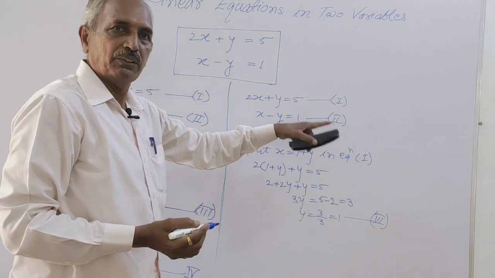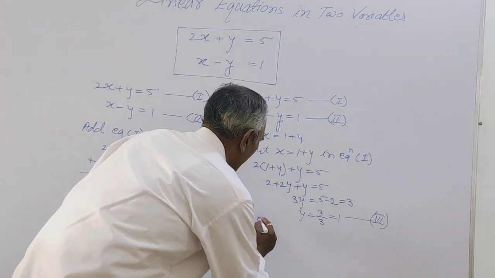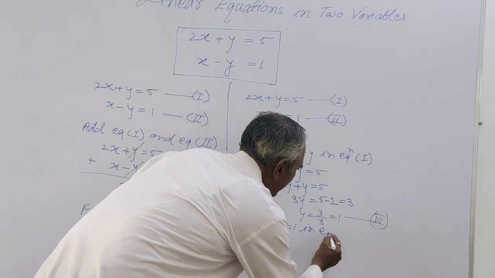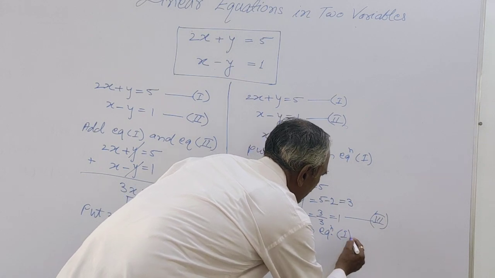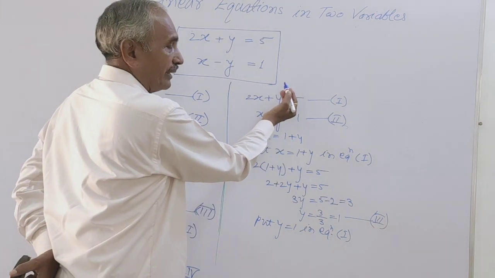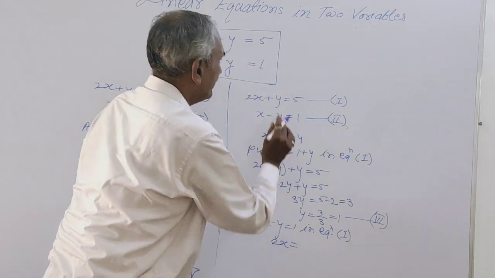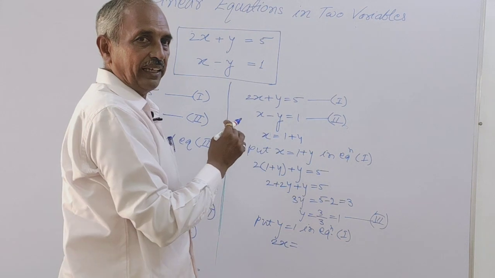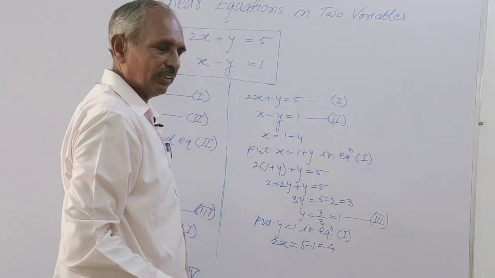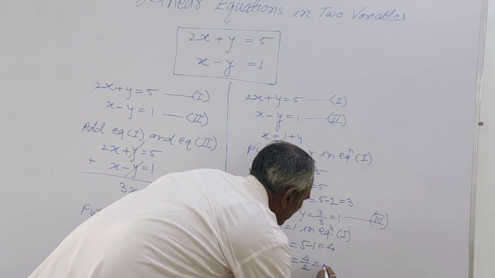Then substitute that value of y is equal to 1 in any one of the equations. So here I will write, put y is equal to 1 in equation 1. If I put this value of y as 1 in equation number 1, equation number 1 becomes 2x is equal to, this 1 will go to that side, 5 minus 1 is equal to 4, and therefore x is equal to 4 divided by 2, which is 2.